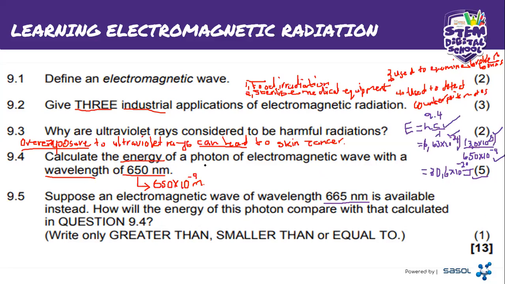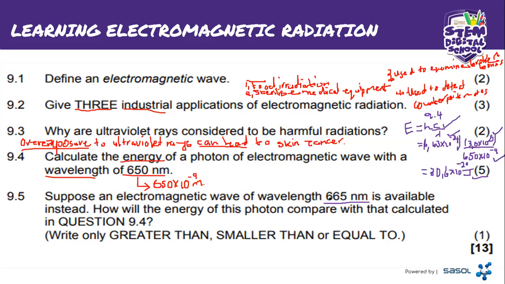Now, what I definitely see there is that they are now using an electromagnetic wave with a longer wavelength. Why? Because in 9.4, the wavelength was 650, so it was shorter. Now in 9.5, the wavelength is longer because it is 665.